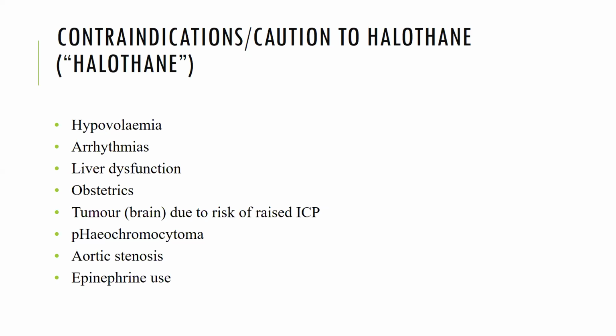I hope I'm right. Do we still do halothane for obstetric patients? Then tumor, especially due to risk of raised ICP, patients with pheochromocytoma, patients with aortic or mitral stenosis, those fixed cardiac output states because of the dose-dependent reduction in blood pressure, and patients in whom you're going to use epinephrine.